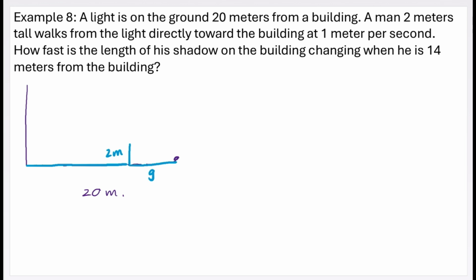I could definitely label this as G, but it's going to make more sense when we set it up to label this smaller length as G. So that's going to be the ground. Then he is casting a shadow on the wall. So this side's going to be the shadow.